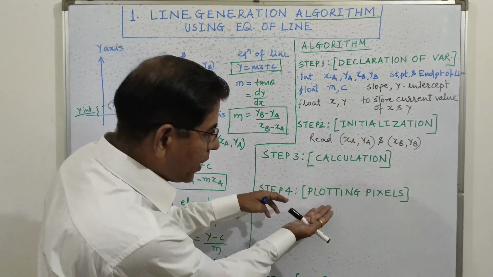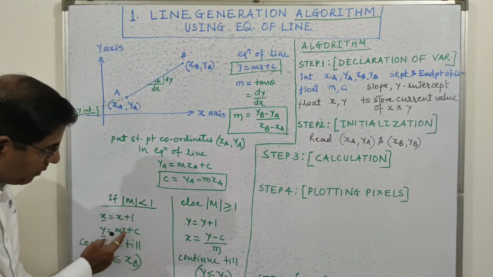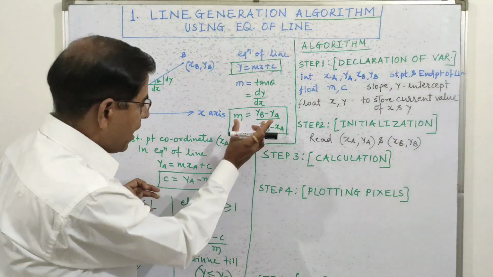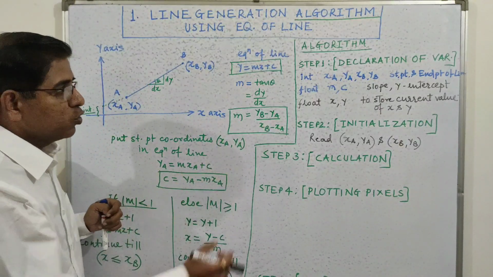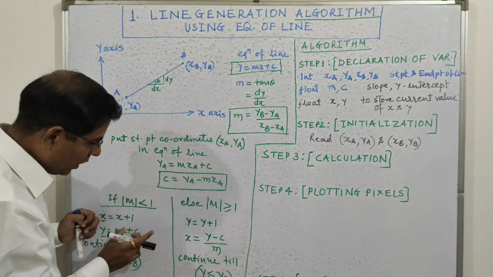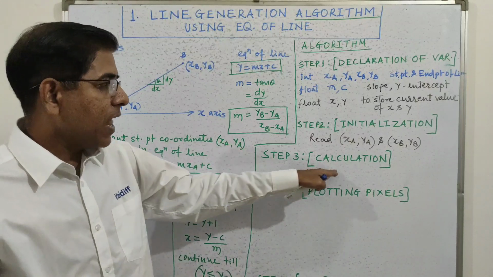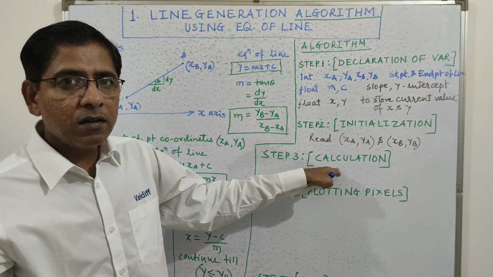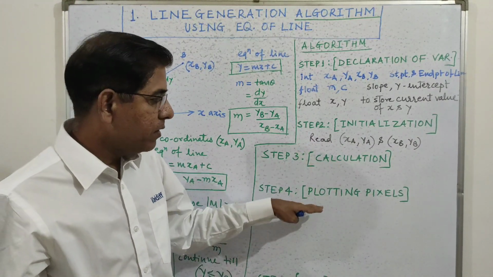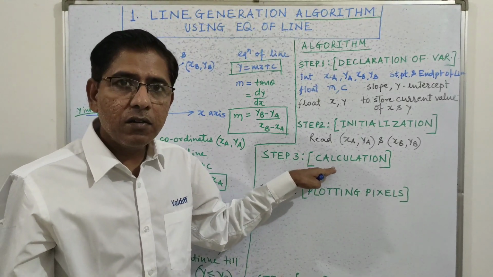Now before plotting pixels, we must be ready with the value of M and C. So we must calculate first the value of M and C, then only we can start plotting a pixel. So in calculation part, the calculations which are required prior to plotting pixels will be written here.